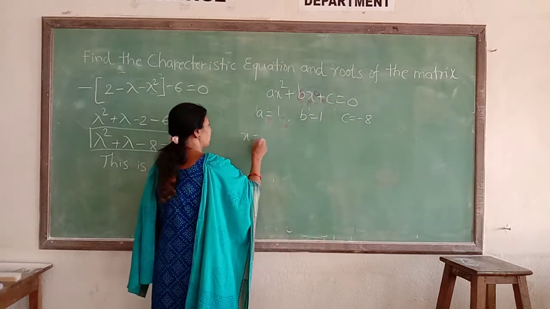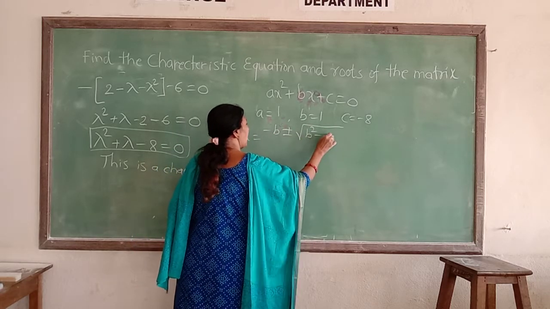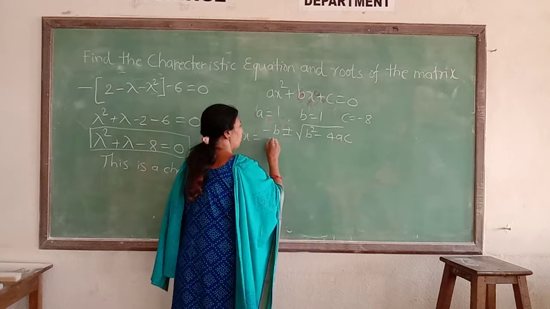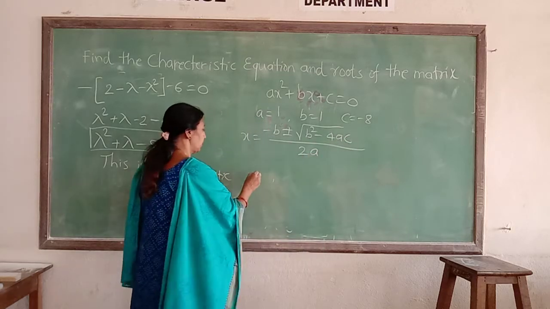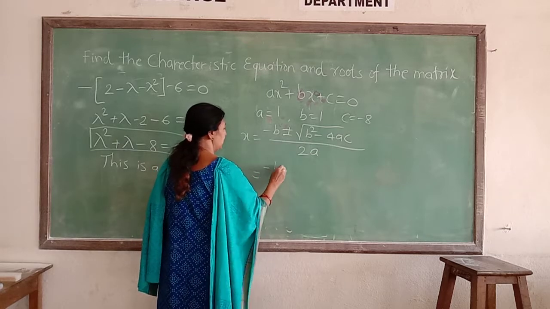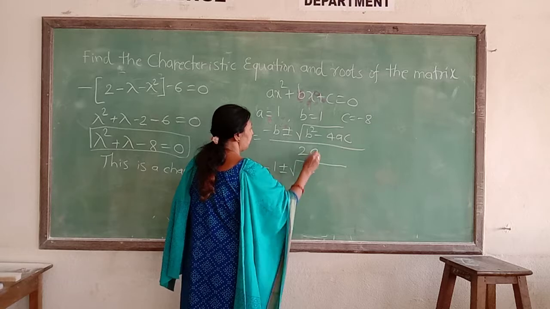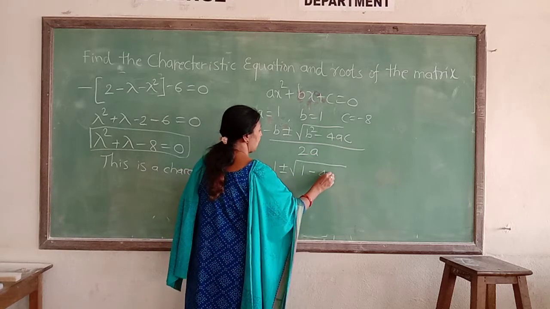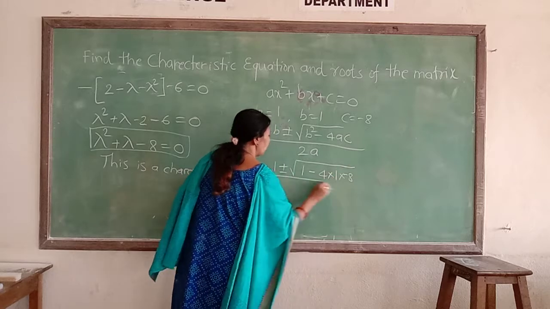It is x equals minus b plus or minus square root of b square minus 4ac upon 2a. That equals minus b, which is 1 here, plus or minus square root of b square, 1 square is 1 itself, minus 4ac. 4a is 1, c is minus 8, whole upon 2a.